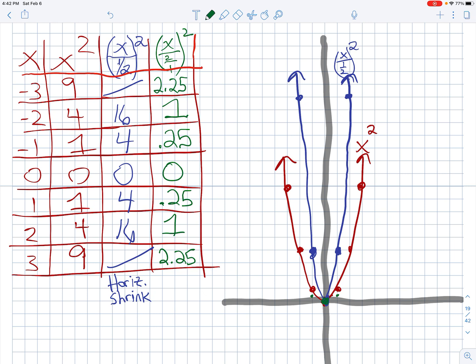All right, so let's plot these: (0, 0), (1, 0.25), (-1, 0.25), (2, 1), (-2, 1), (3, 2 1/4), and (-3, 2 1/4).